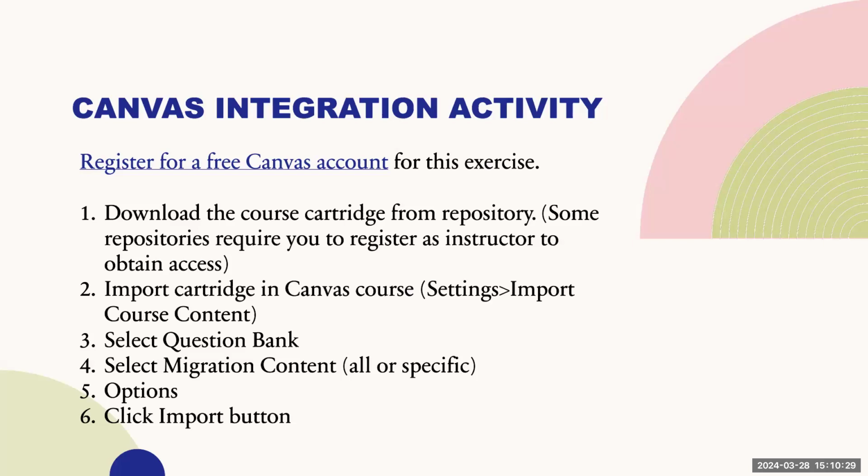What I want to do now is an exercise with you in actually doing an integration of a textbook, embedding it using this course cartridge method. And the easiest way to do this really is to use a free Canvas account that's separate from your Citrus Canvas account.